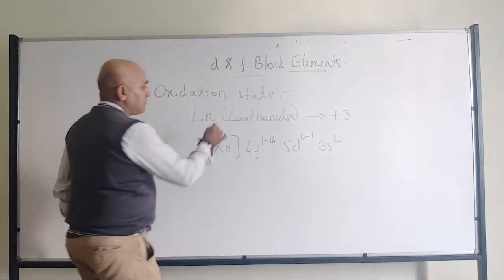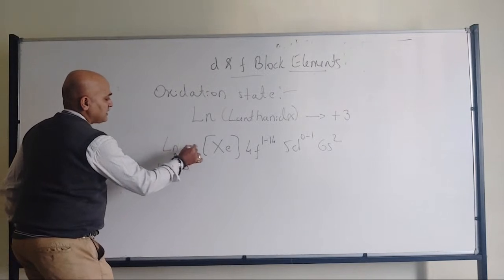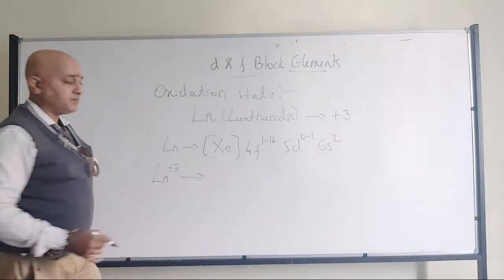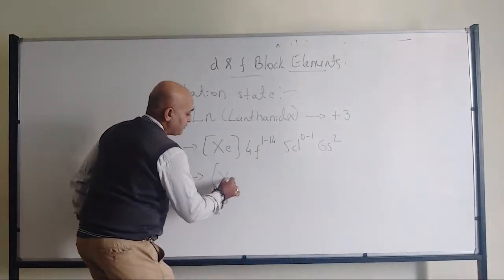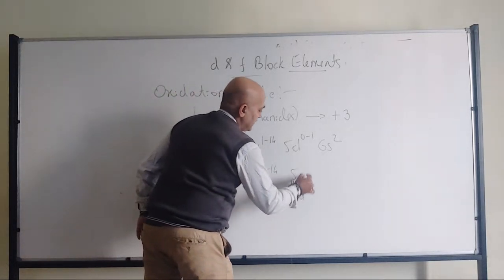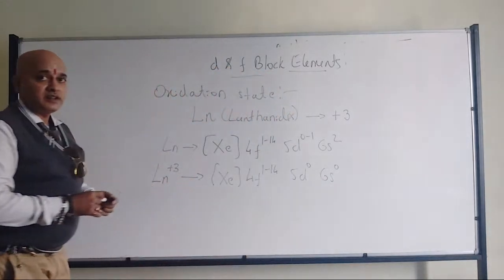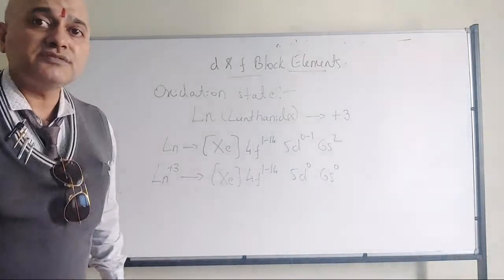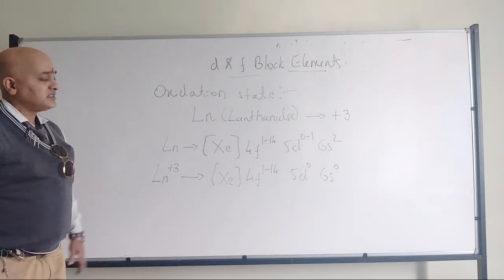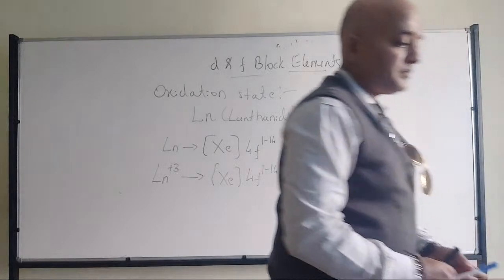Now, in the +3 form, the same electronic configuration will become 4f 1 to 14, 5d 0, 6s 0. Got my point? So that's where it can show the +3 oxidation state.